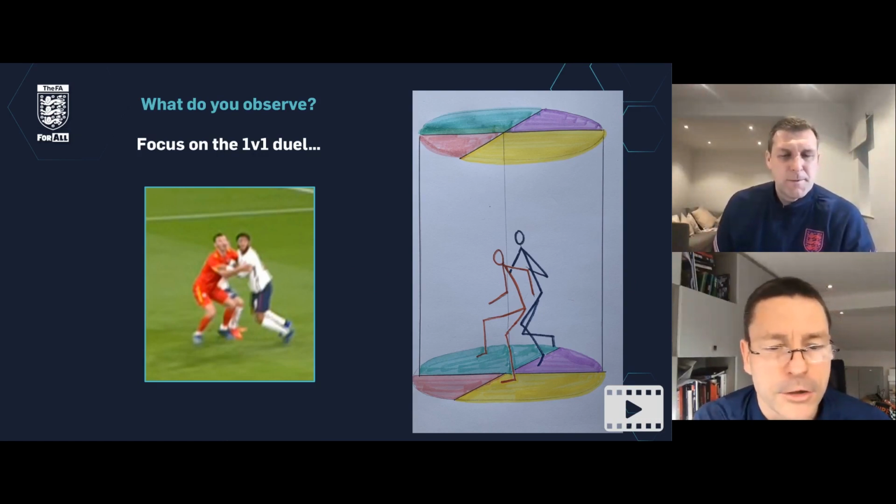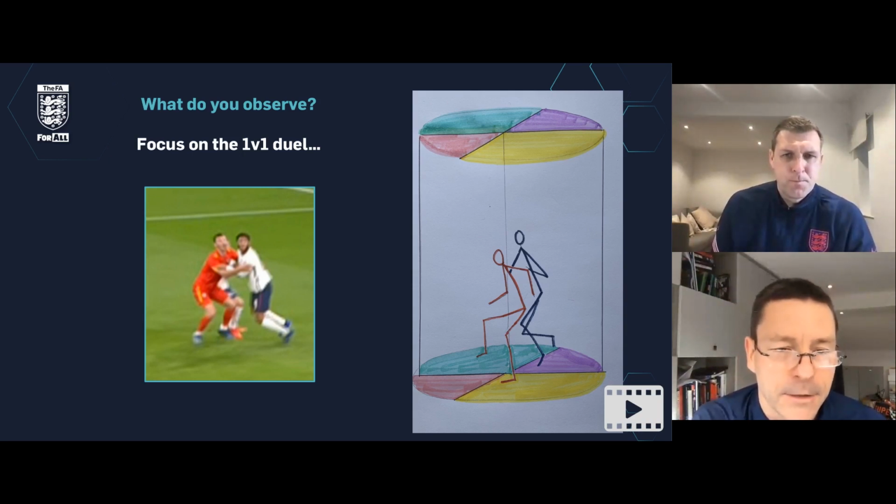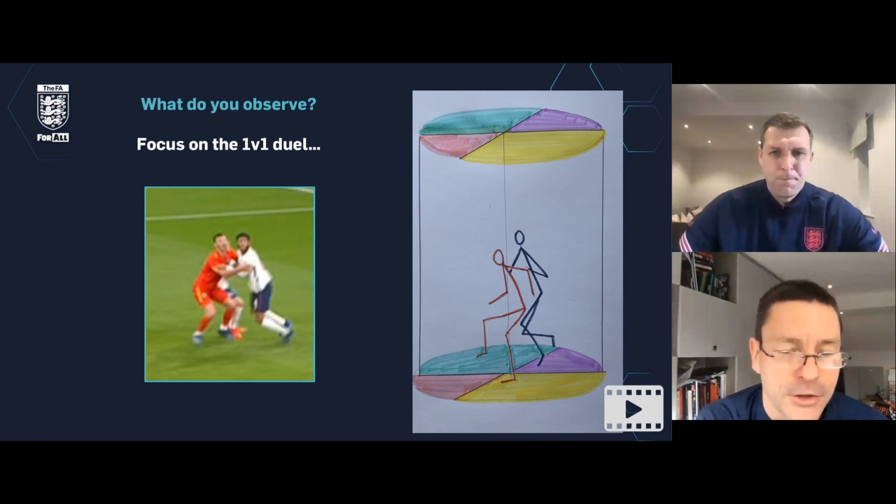Yeah, and here we're not just looking at the area on the ground, where we've seen the quadrant before and just seeing what spaces they are. We're taking the space that the duel actually works in is a cylinder, a space that goes higher up. And particularly when you get into close quarters combat here, it's important that you're able to observe exactly what's happening as the duel develops, and what the forces involved are.